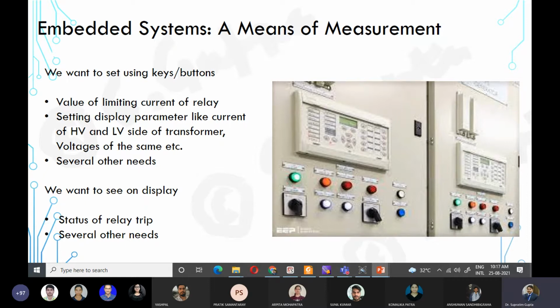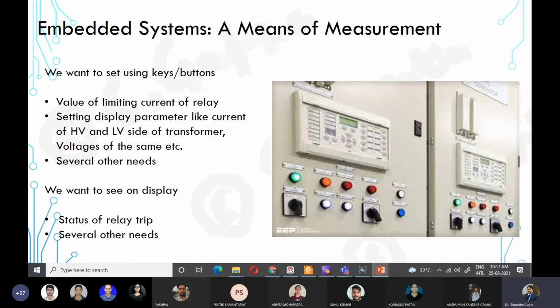We want to measure some parameters and set some values, say we want this voltage to be a certain value. If it goes beyond that value, there must be tripping of the circuit. If a certain current goes beyond the set current, then the relay should trip, like the overcurrent relay.